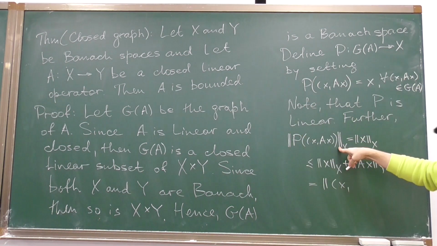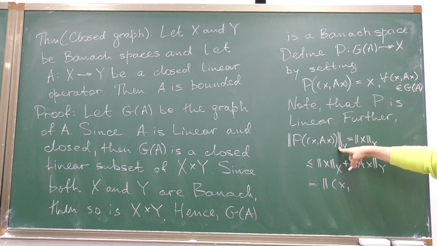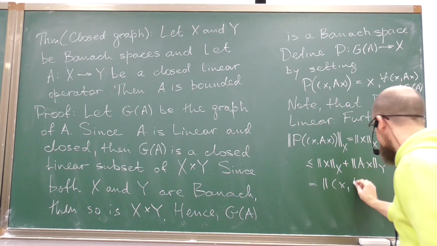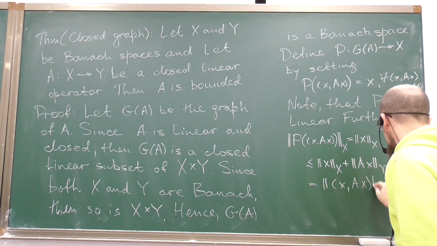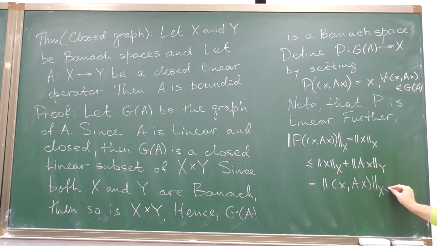This norm is in X, the first one. And this, the last one, is the norm in the Cartesian product. Which tells us that this operator P is bounded.